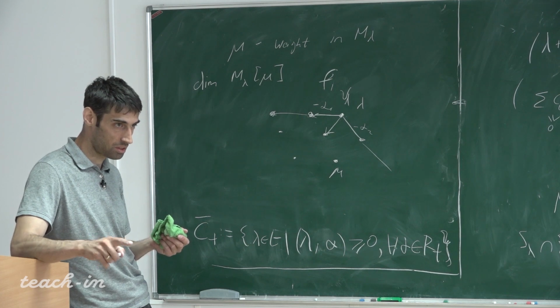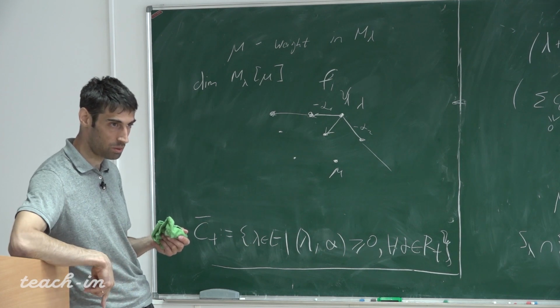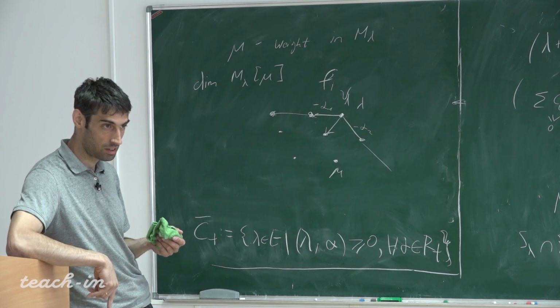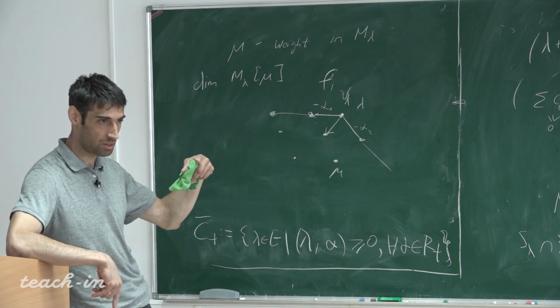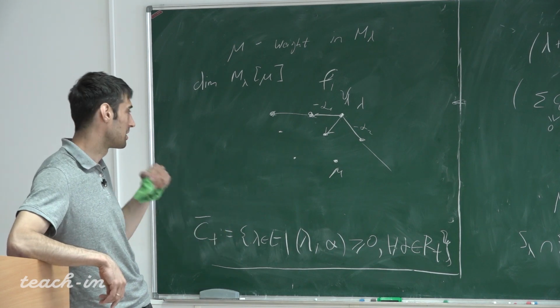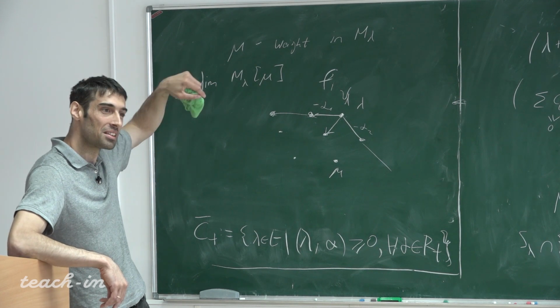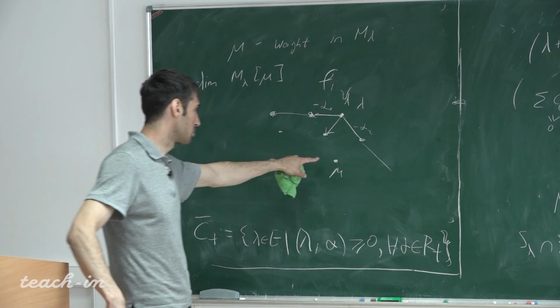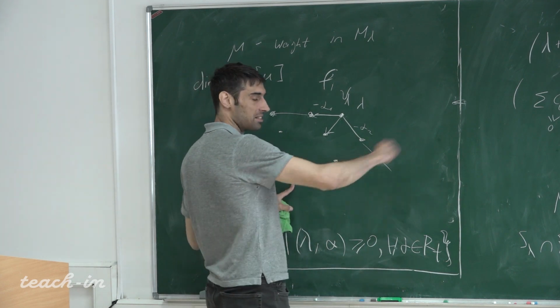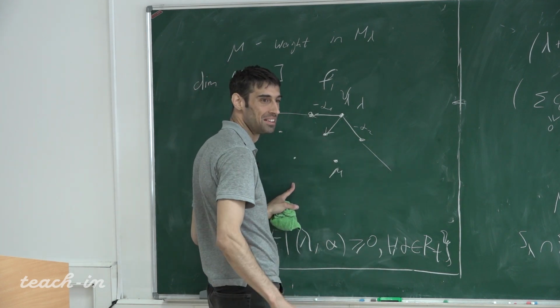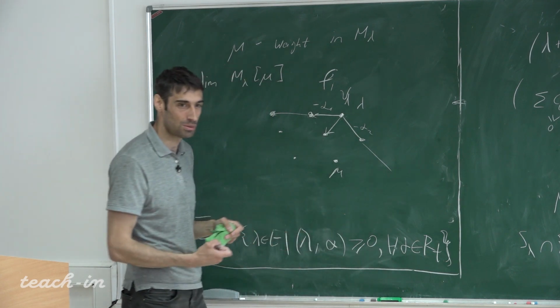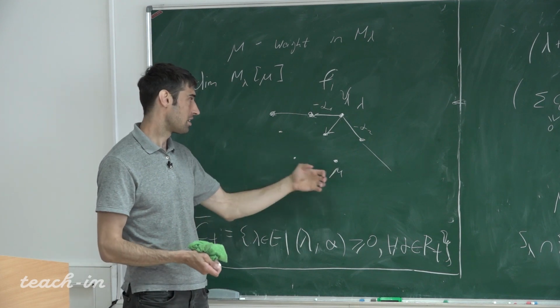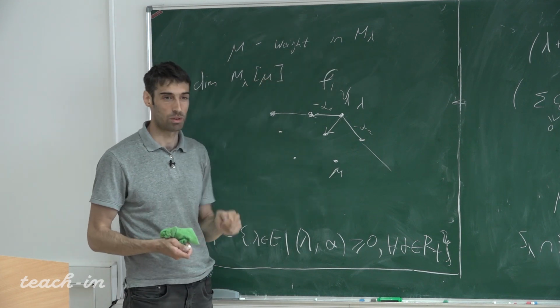So going by an arrow each time you decrease the height. So you cannot go back. So maybe that will help. But again, it still works only for mu's that are inside C++. This argument. But I would like it to be for any mu, any weight from M lambda.